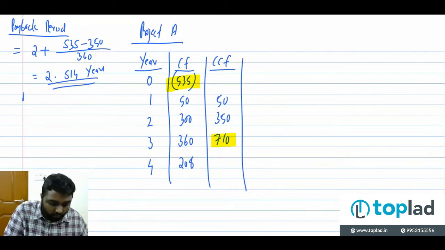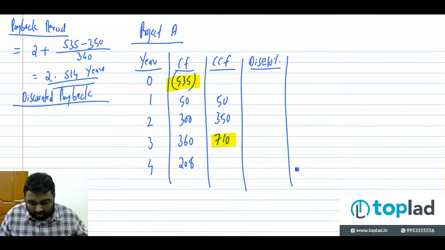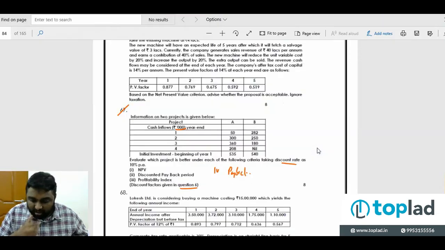Now we will go for discounted payback. For that we have to find the discount rate at 10%, because the question tells 10%.